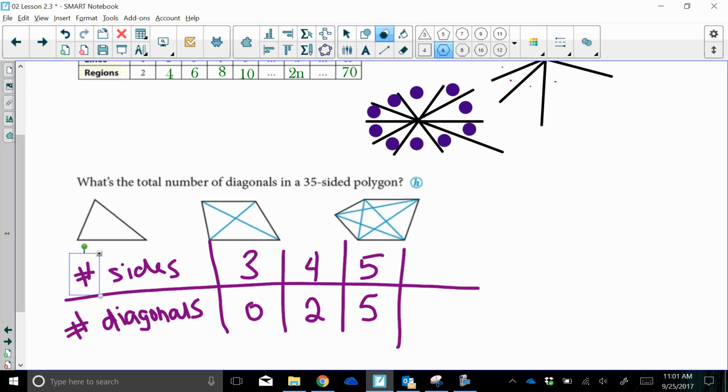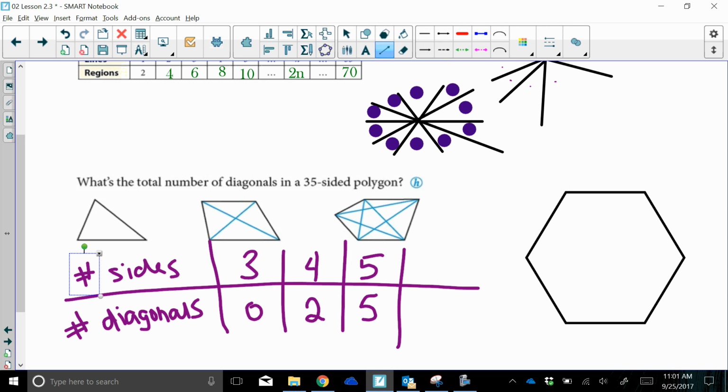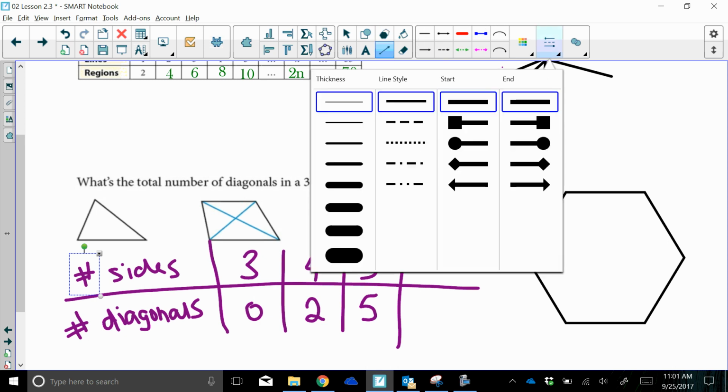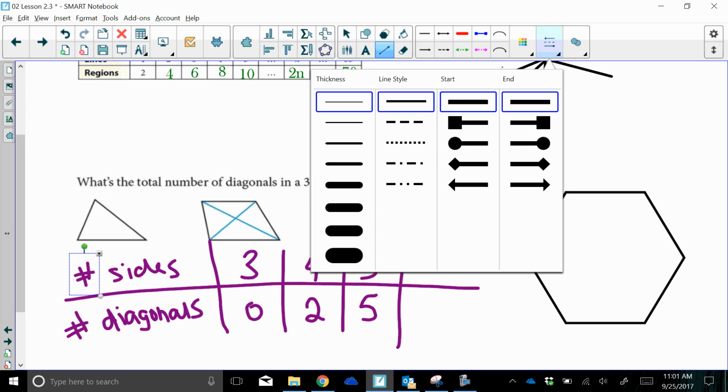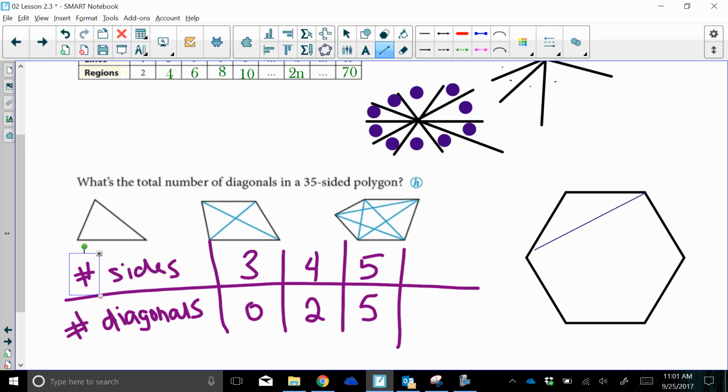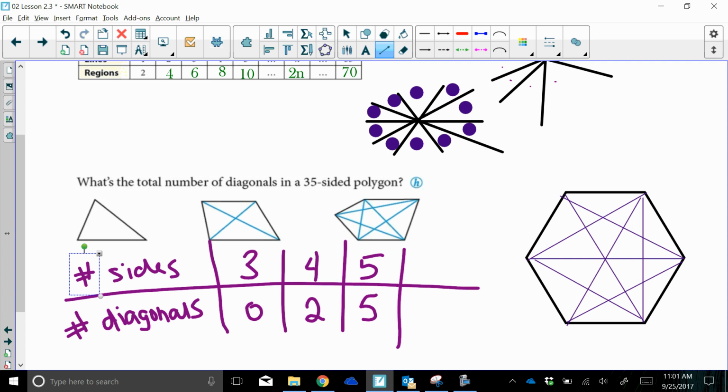We can draw a 6-sided figure. Then we can count its diagonals. 1, 2, 3, 4, 5, 6, 7, 8, 9.